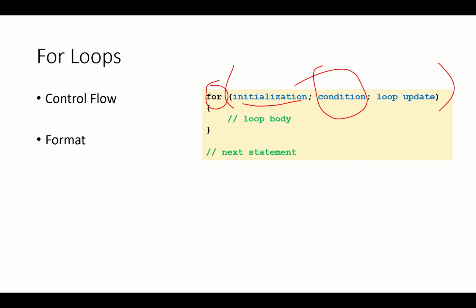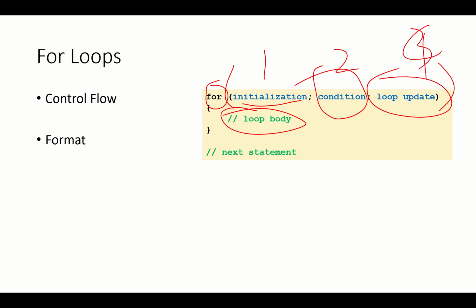Then you give a condition to limit how many times you want to iterate. Then there's how to update this variable. So you can see there are 4 steps. First, initial. Second, you compare this condition. Then you go to the loop body. Last, you need to update. Okay?